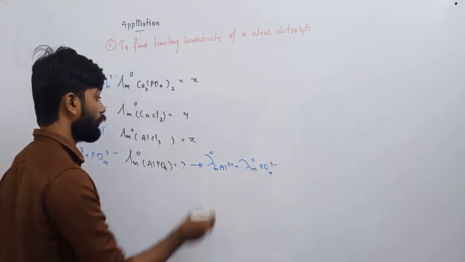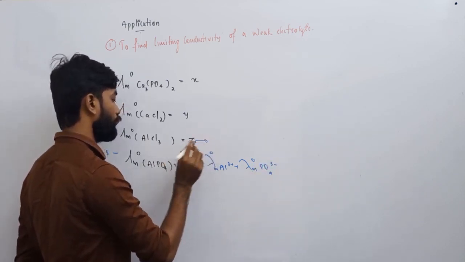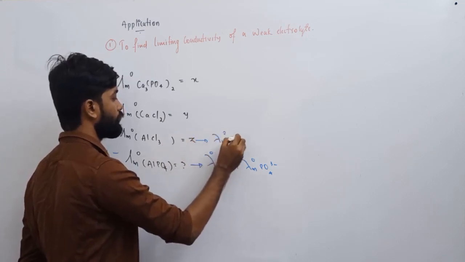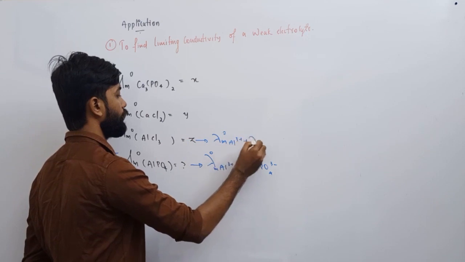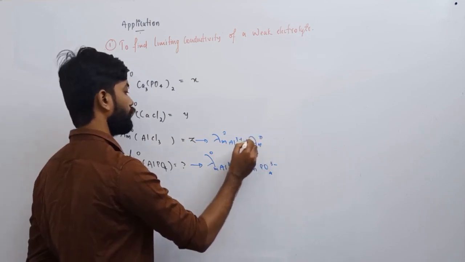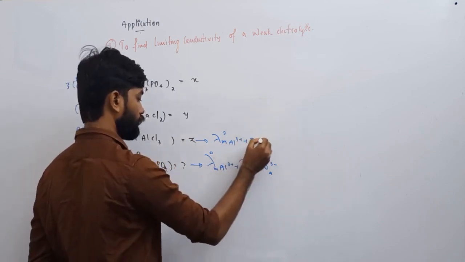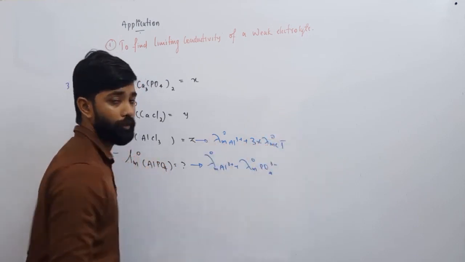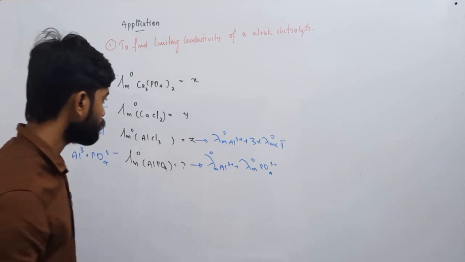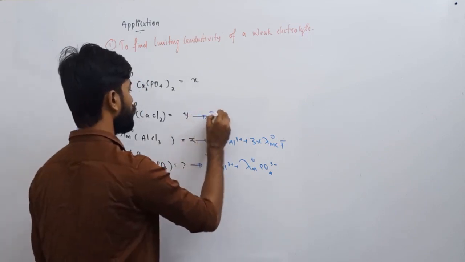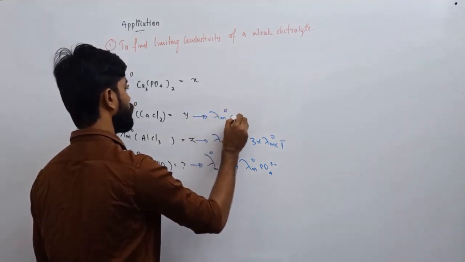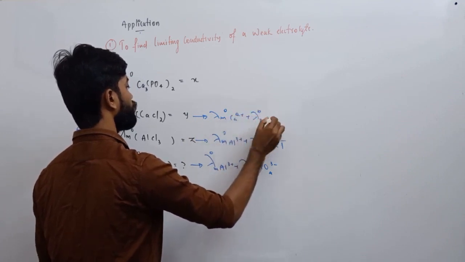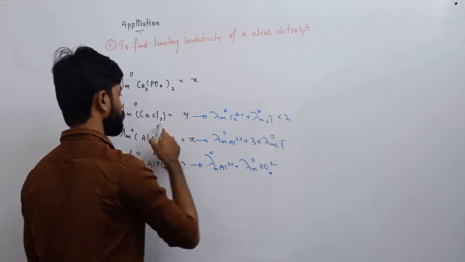But when you are considering the other equations, it is actually lambda m0 of Al3 plus plus 3 into lambda m0 of Cl minus. What about here? Lambda m0 of Ca2 plus plus lambda m0 of Cl minus into 2.